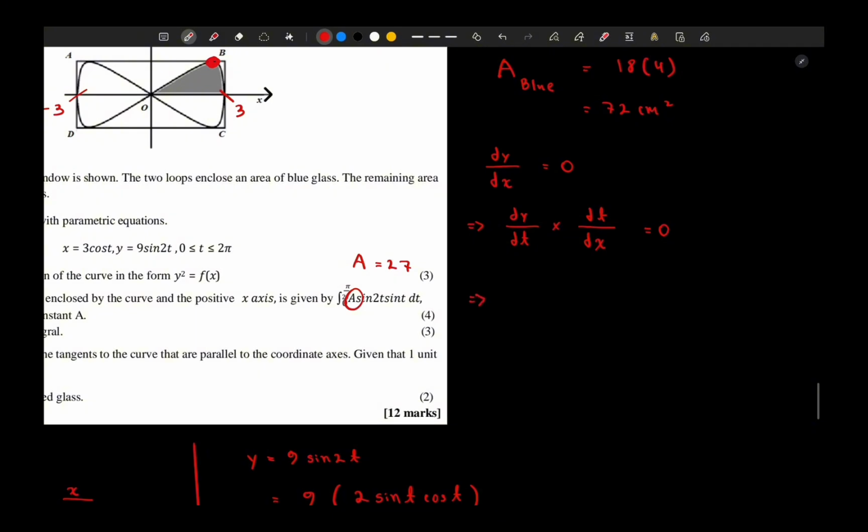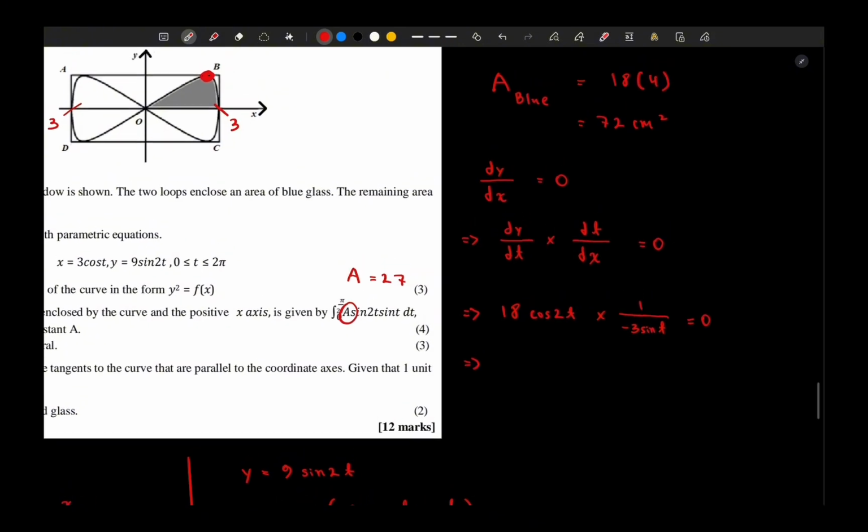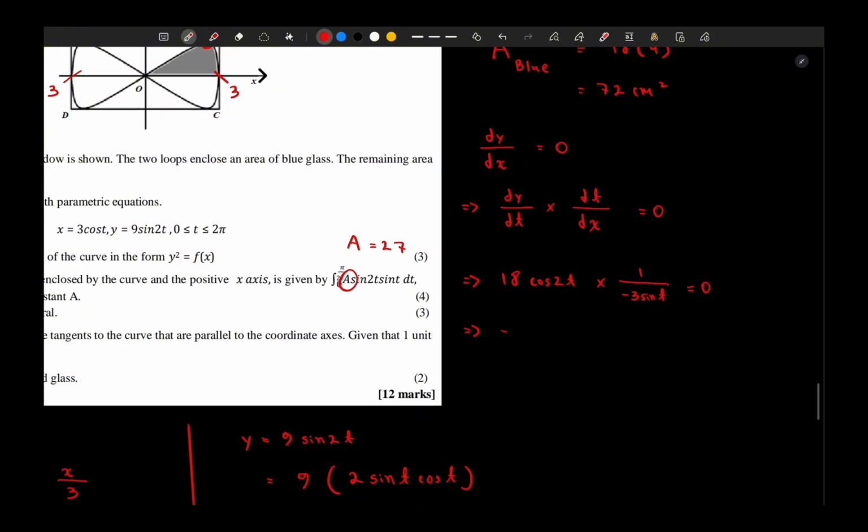So dy over dt gives us 18 cos 2t, and dt over dx gives us 1 over minus 3 sine t, equals 0. So this is actually minus 6 cos 2t over sine t equals 0.